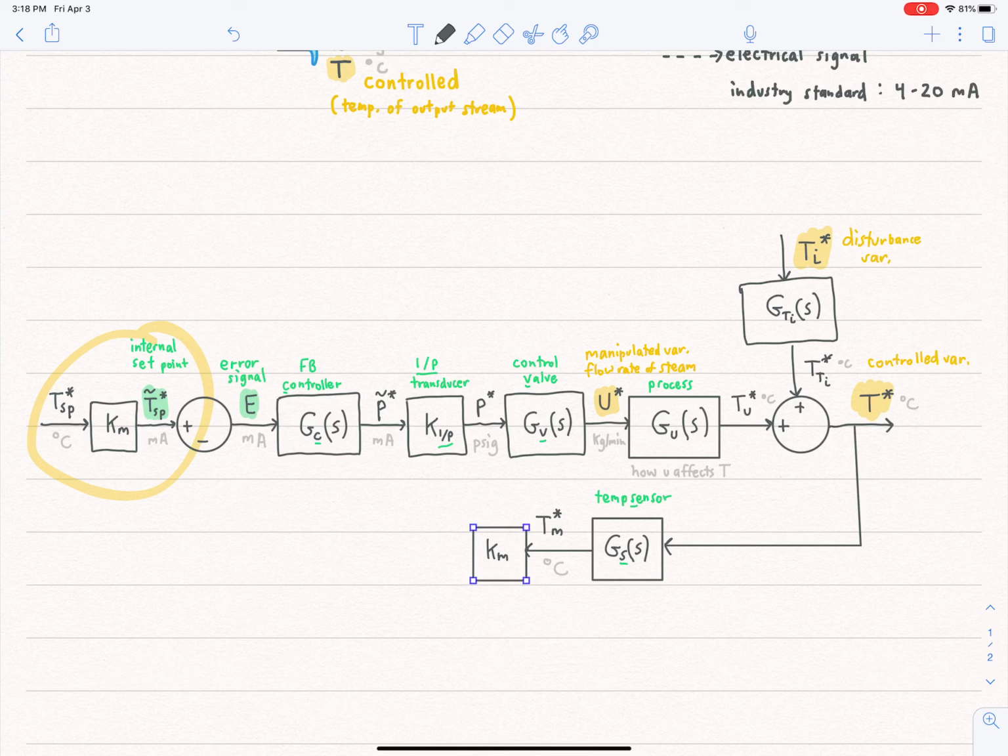So it's not an accident the Km appears both here and here, right? That's not an accident because in order to compute the error, we need a correspondence between the internal set point and the measured temperature in milliamp form. Okay, so finally what happens is this now is converted to milliamp form. And this right here is Tm tilde.